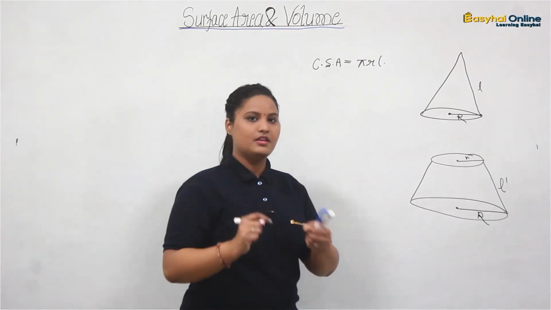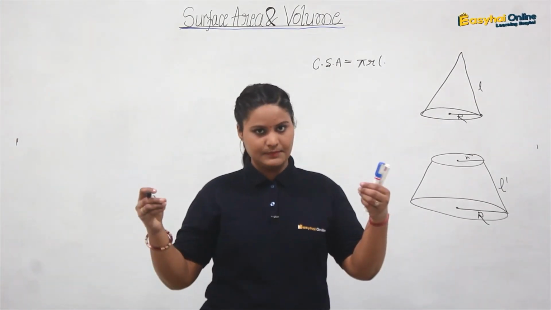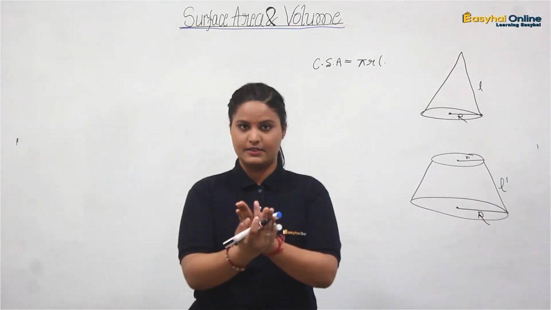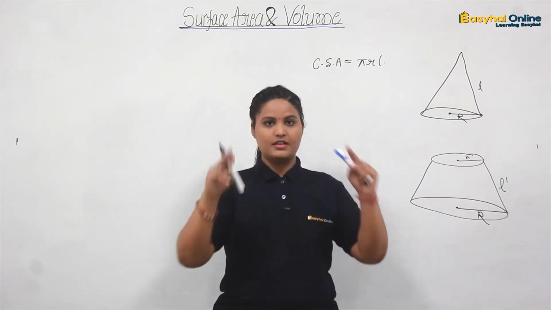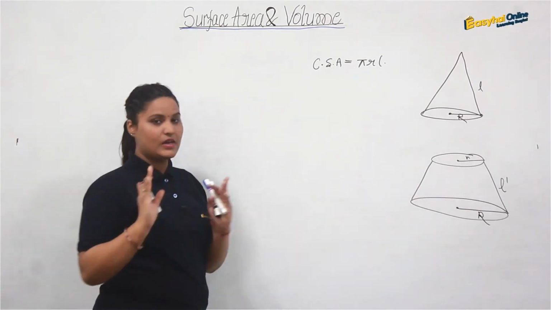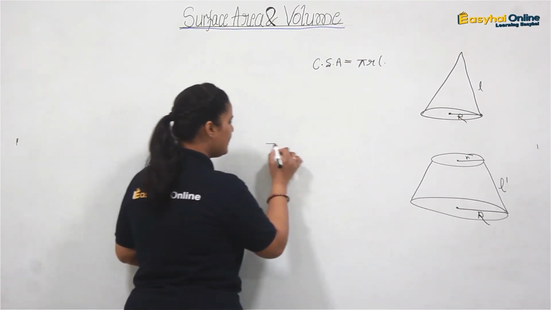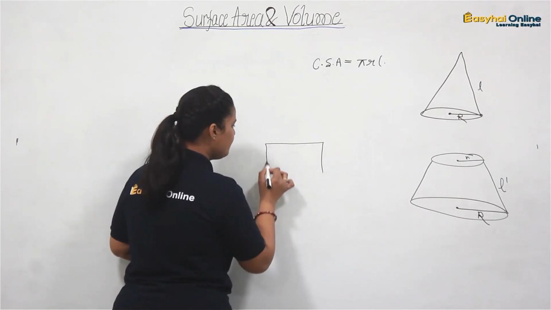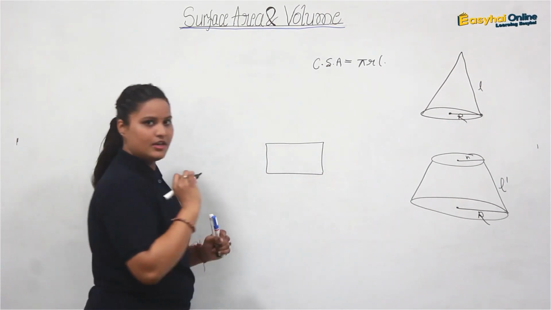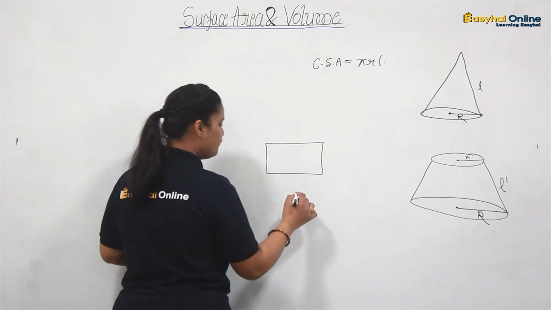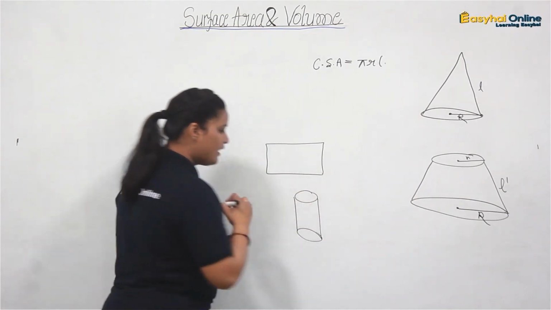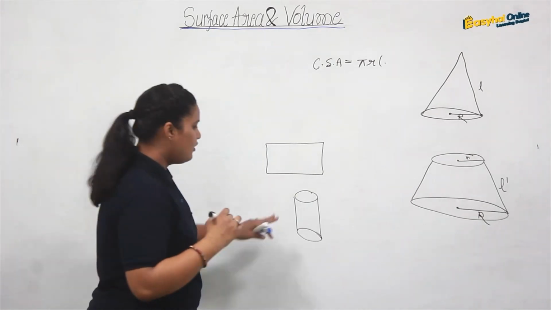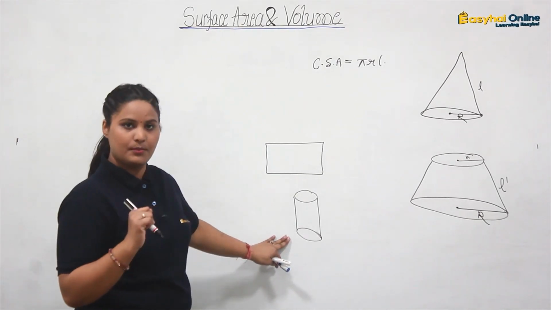If I give you a paper sheet and fold it, what kind of figure will it make? If it is a rectangular sheet, just visualize it. Think about it very carefully. What if this is a rectangular sheet and I just fold it? What kind of shape will I obtain? I will obtain a cylindrical shape.